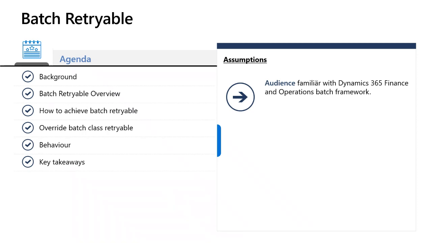Then we'll also talk about how I override it if I have a batch class that has already been implemented for retry, without making any code changes. Then we will have a quick demo and the behavior: what do we see with this batch retry framework when you implement it in your batch classes? And the last but not the least is the key takeaway, what we take out from this session.